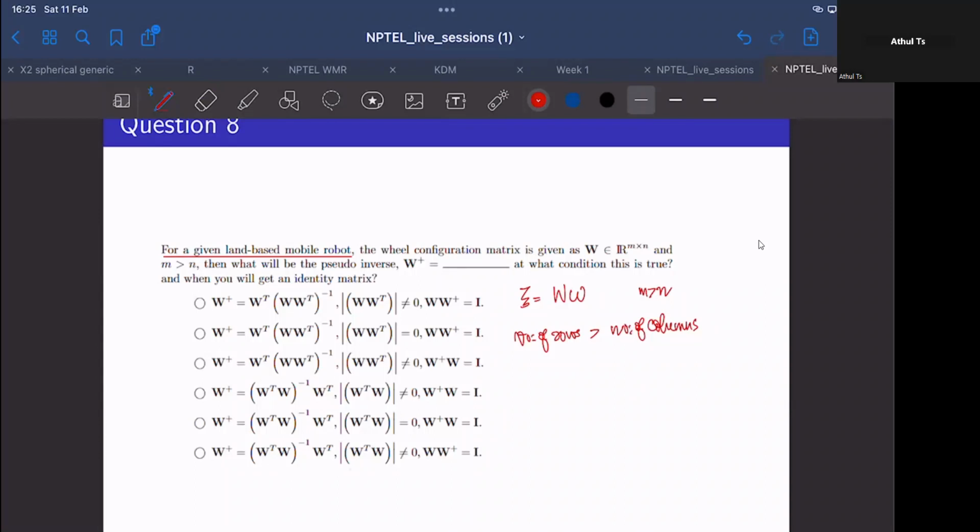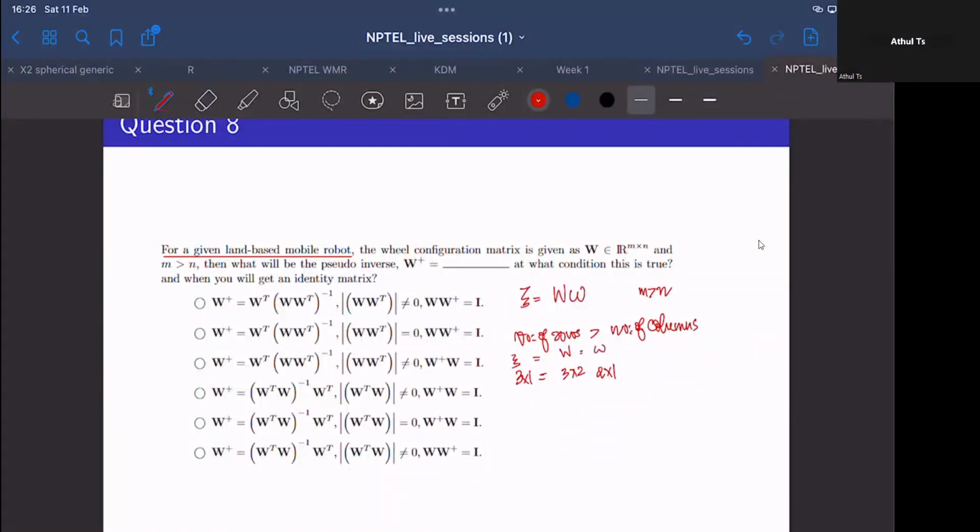One example: zeta would be 3 cross 1 because it has U, V, R components, and omega would only have 2 cross 1. In case of a differential robot, it will have only 2 values, omega 1 and omega 2. Then what would this W matrix look like? It'll be a 3 cross 2 matrix, right? Zeta would be a 3 cross 1 matrix, W would be a 3 cross 2 matrix, and omega would be a 2 cross 1 matrix.